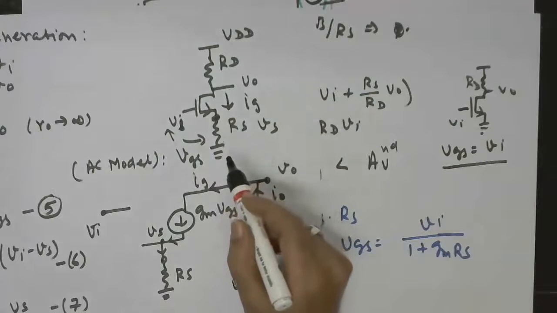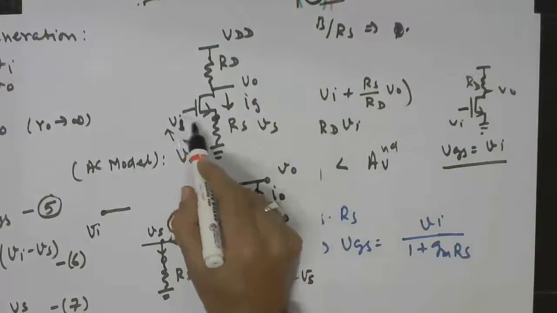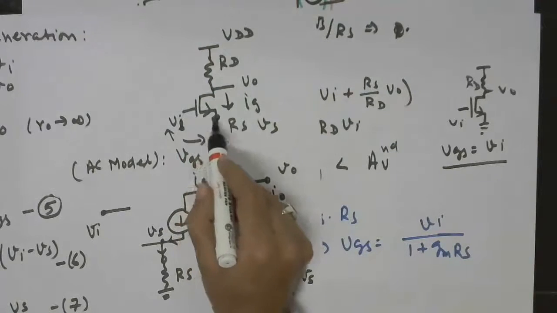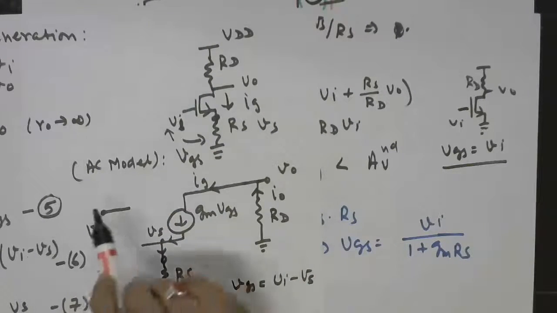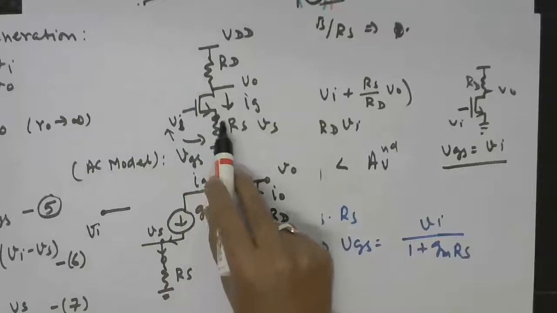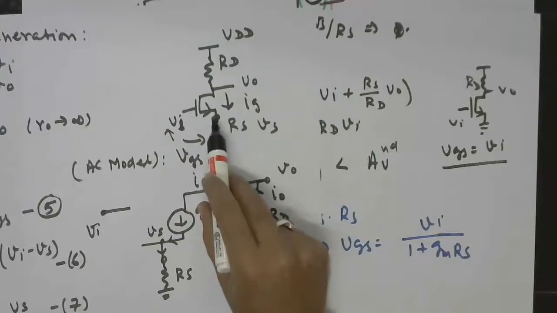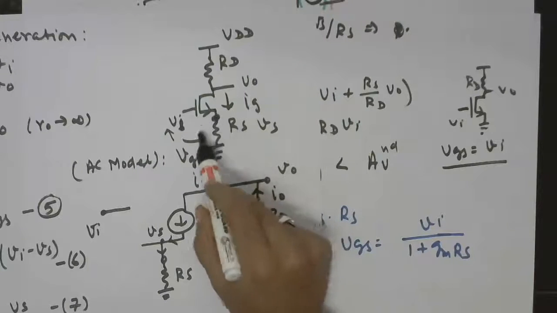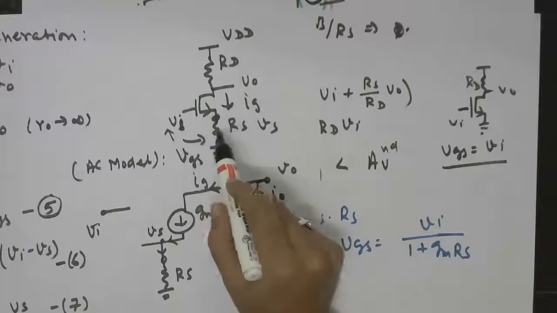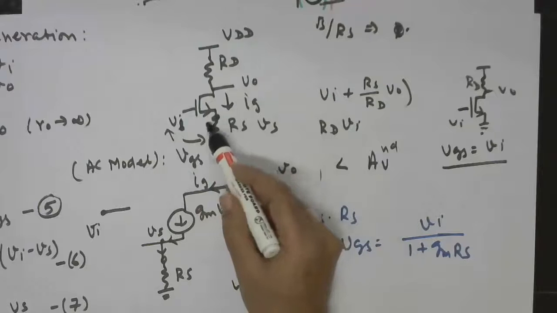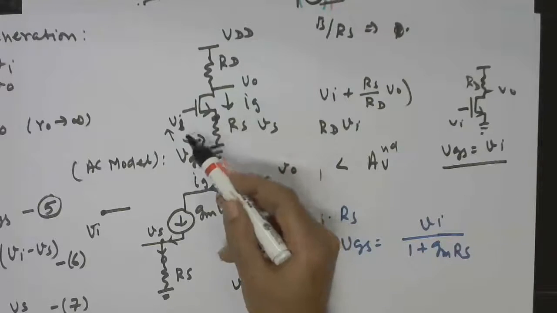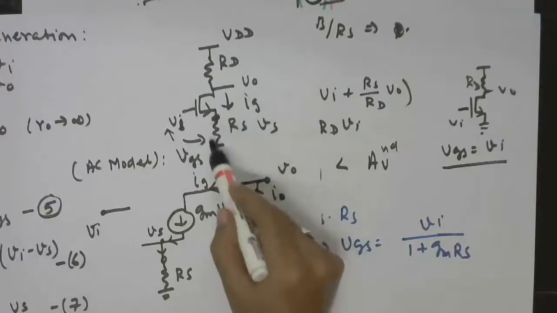So this is what I pointed out in one of the classes. It is the gate to source voltage which is the input quantity to the MOS. But in some scenarios like here, the source voltage also comes into existence. Although here we have put a resistor deliberately, in some cases there will be certain other circuitry which will inevitably play the role of RS.